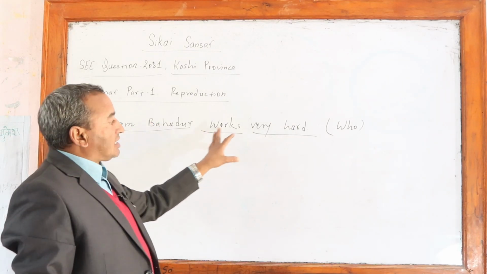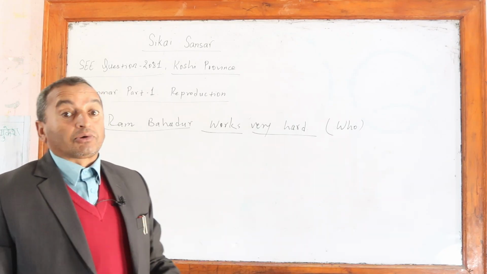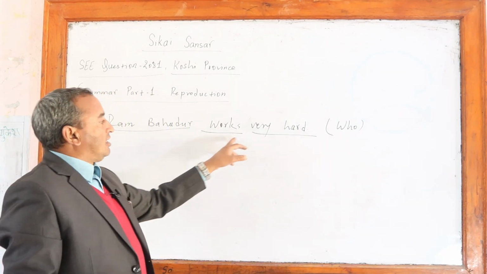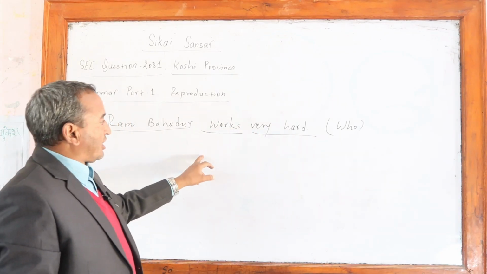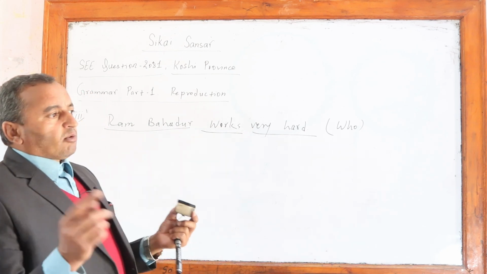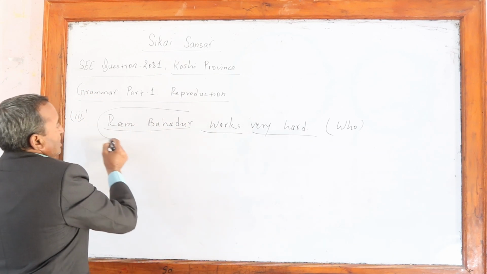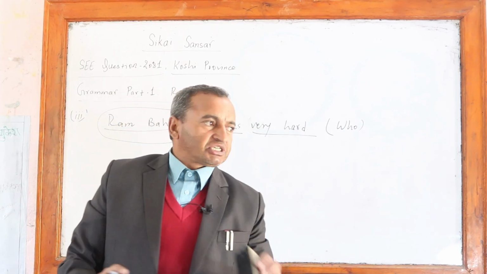When there isn't any auxiliary verb, we have to seek according to the statement's formation and tense. We have to make a who question, and when there is a who question, Ram Bahadur, the person, becomes the answer. So we don't have to touch the person here.